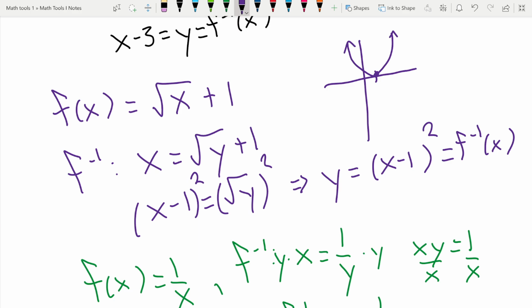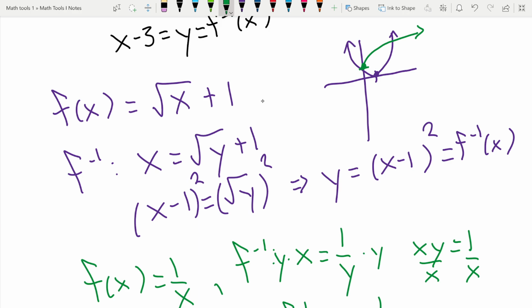So to do this properly, we really needed to restrict the domain. It's not that we did it improperly, it's that we need to think about the range of this function. The range of this function, I'll put it in green here, right? This function is a square root function moved up 1. Okay, so it looks something like this.